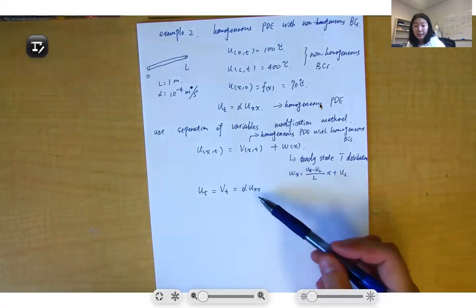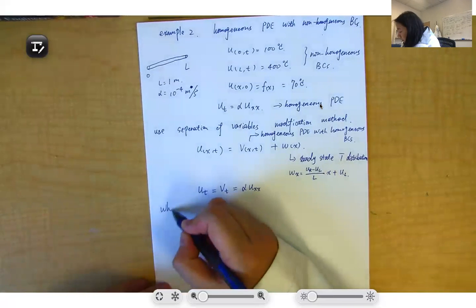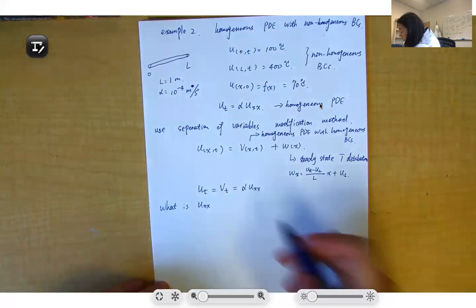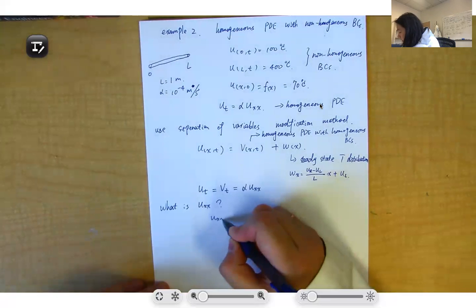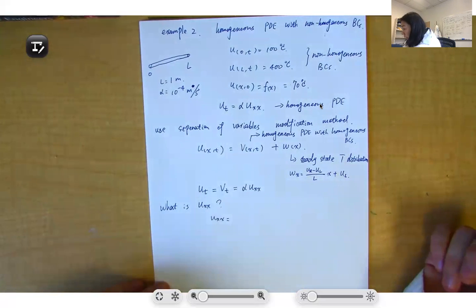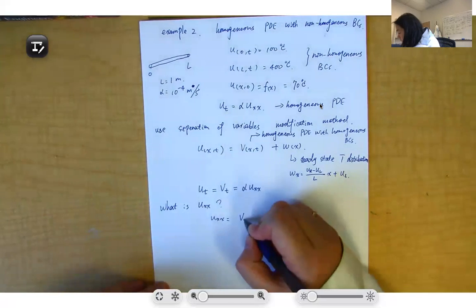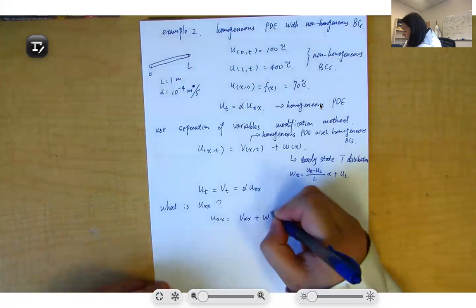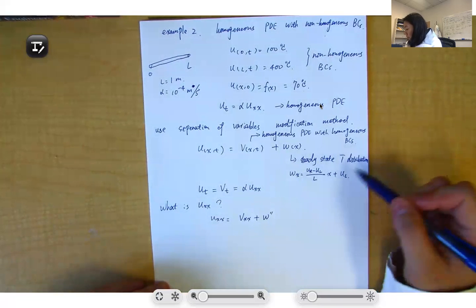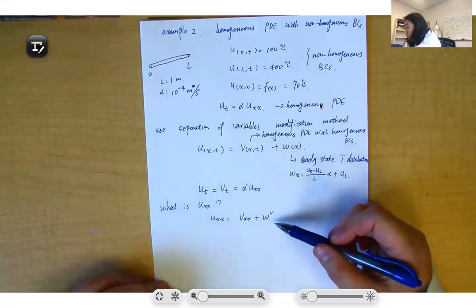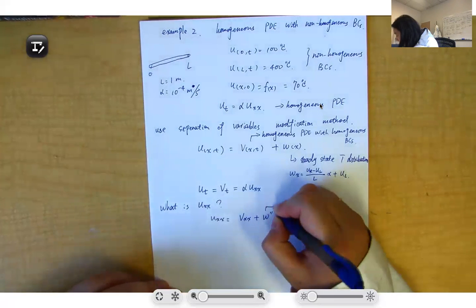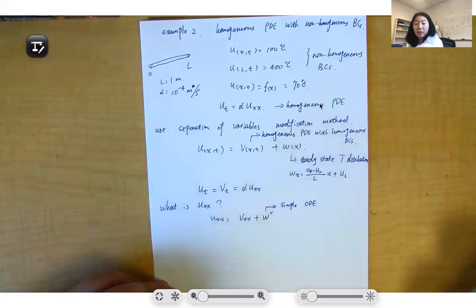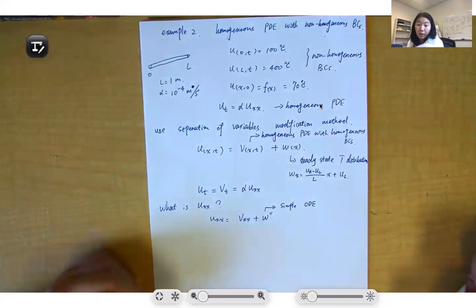Then what is U_xx? The U_xx, the second order derivative in space, will be equal to V_xx plus W double prime. This W is just a simple ODE here, where the only independent variable is the space.